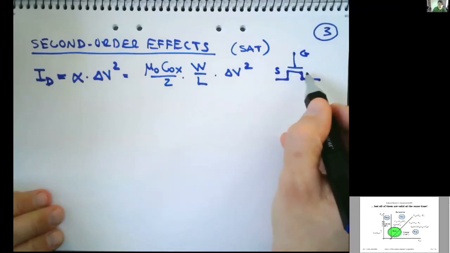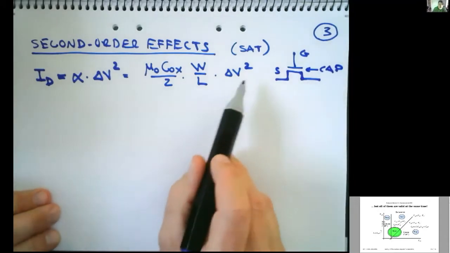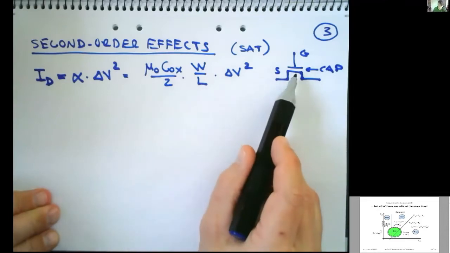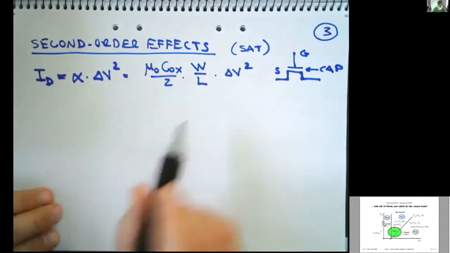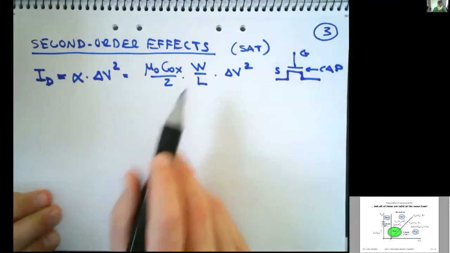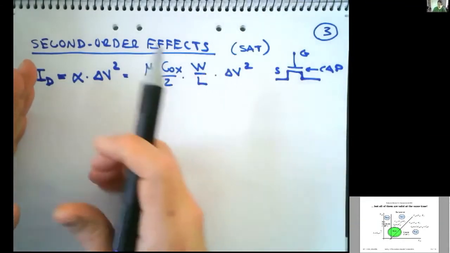So the stronger the connection I have here, the more current I'm going to pull. W and L are the width and length of the transistor, the physical description of the transistor. The wider I make it, the more current I can push in for a certain voltage.